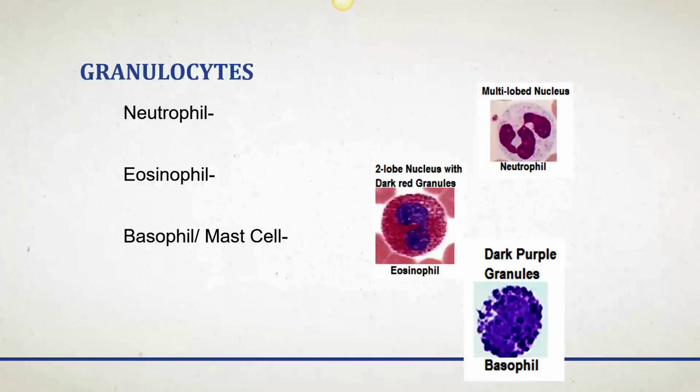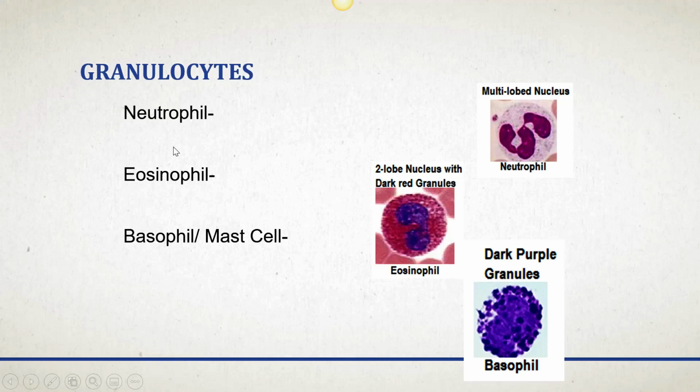So these all have distinct shapes to them and distinct features. You'll notice with neutrophils, usually you'll see multiple lobes to the nucleus. Eosinophils usually have these dark red granules, and basophils usually have dark purple granules.